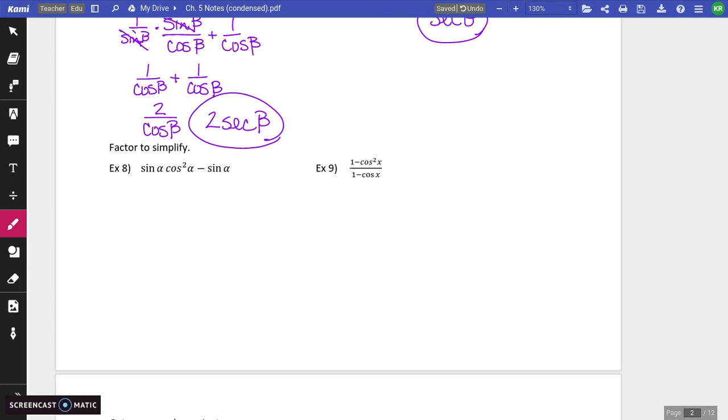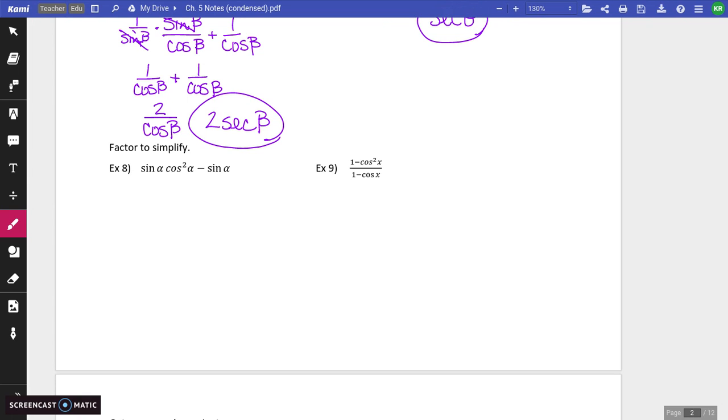All right, so we have a couple of techniques. Changing to sines and cosines. If I'm seeing something squared, check out your Pythagorean identities and see what might be able to help you. Another method you can use is factoring. Okay, so look at this. You have a common monomial factor.